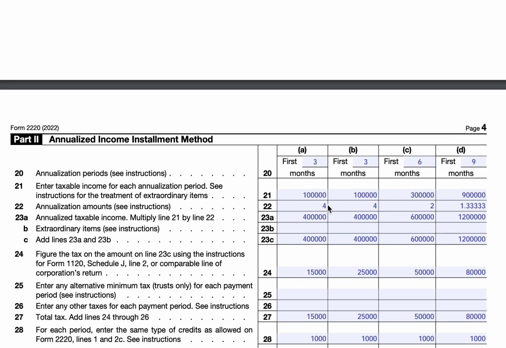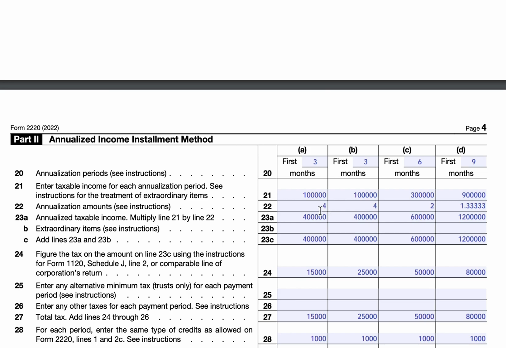And then on line 22, we put in the annualization amounts from the respective table. And again, in the IRS website, there's a separate table for the annualization amounts. So for the standard option under corporations, those standard amounts are 4, 4, 2, and then 1.33 to the 5th decimal place.